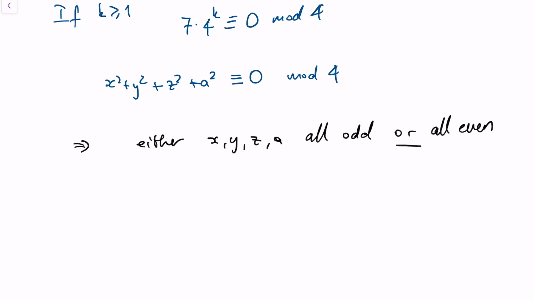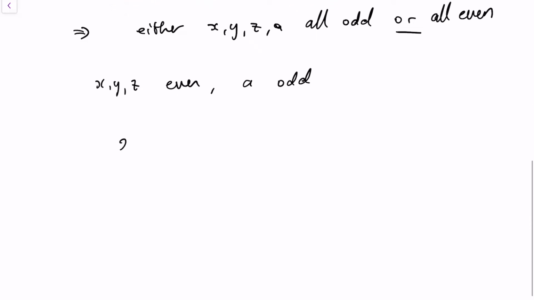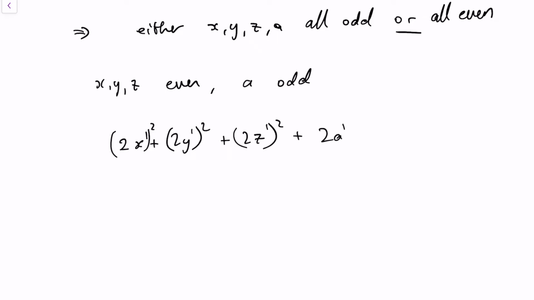To see this, let's assume x, y, z are even, and let's choose one of them to be odd. So let's choose a to be odd. Then we have something like 2x dashed squared plus 2y dashed squared plus 2z dashed squared plus 2a dashed plus 1 squared, because we're assuming a to be an odd number.